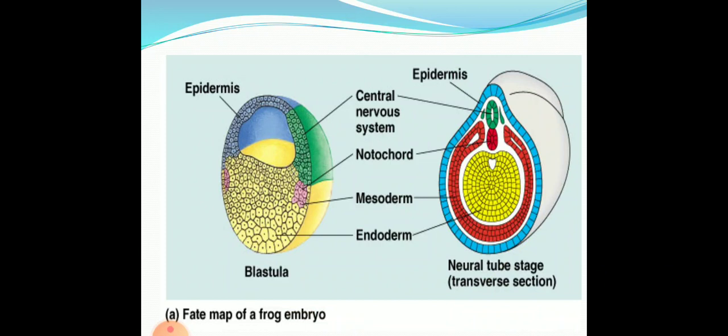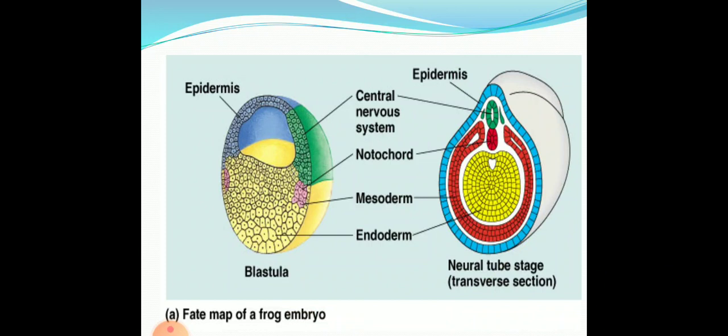Coming to the animal pole, the micromeres of the animal pole develop into another germ layer called ectoderm. The micromeres present adjacent to the notochord and mesoderm develop into neuroectoderm.